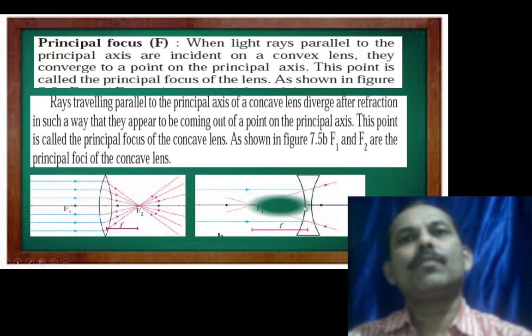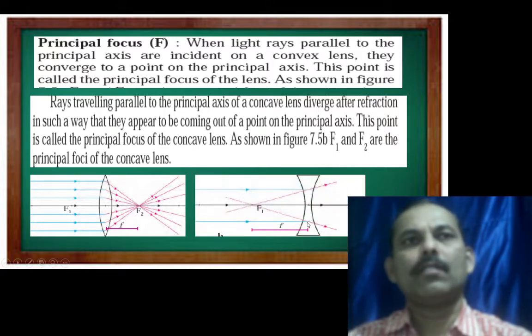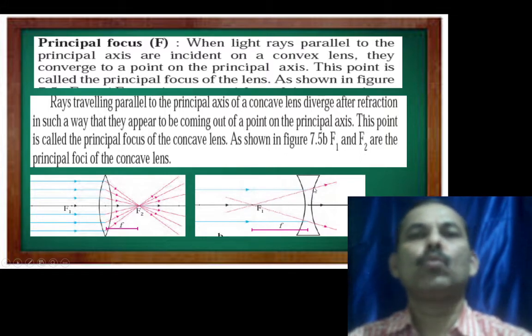In case of this concave lens, the rays, after passing through this concave lens, get diverted, meaning they go away from each other.